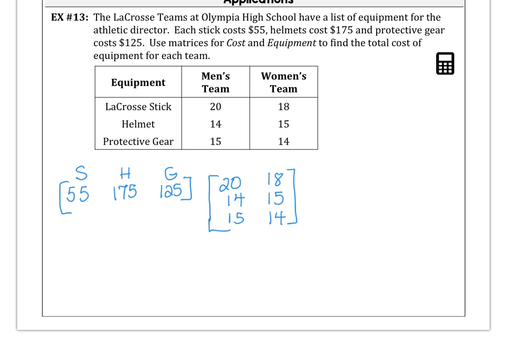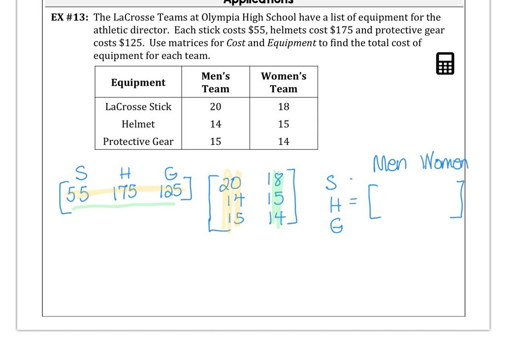So this is, the product is S and H and G when we multiply, and men on the top would be the first column, and women would be the second column. And I believe if we multiply those correctly, let's get a highlighter here, these 3 elements times the men, and then those same 3 elements times the women.